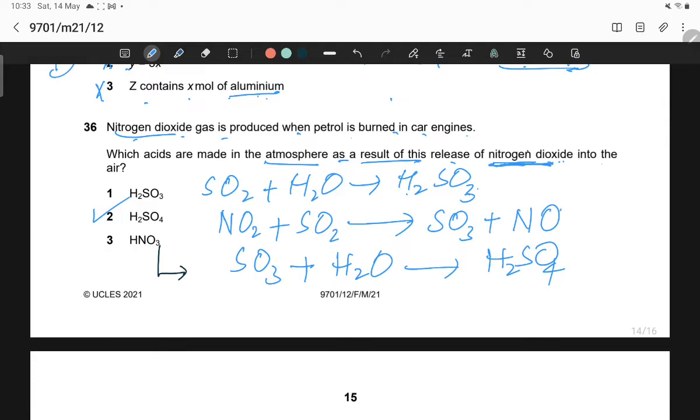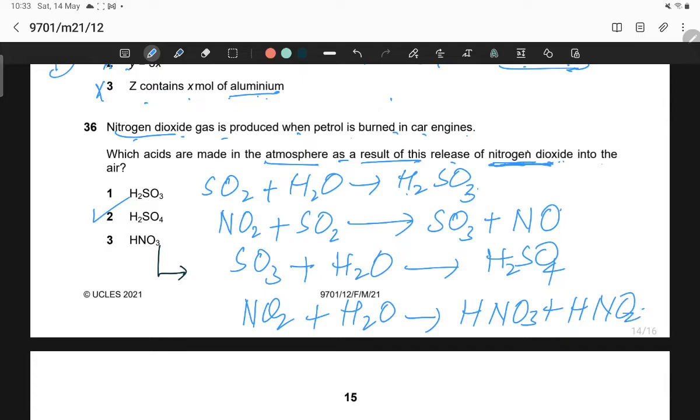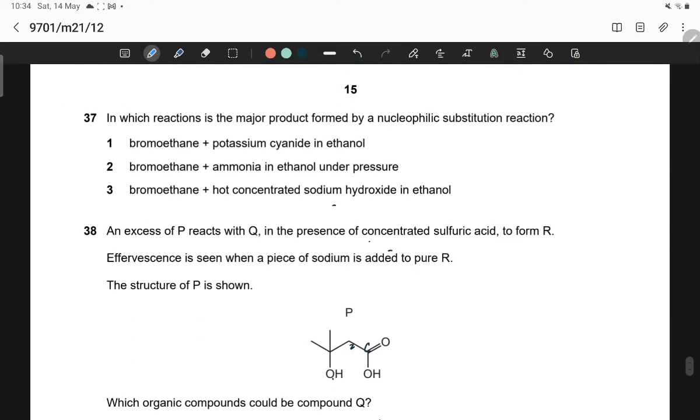So this is correct. And nitrogen dioxide when reacted with water forms HNO3 plus HNO2. So this is also correct. So if 2 and 3 are correct, then the option is C.